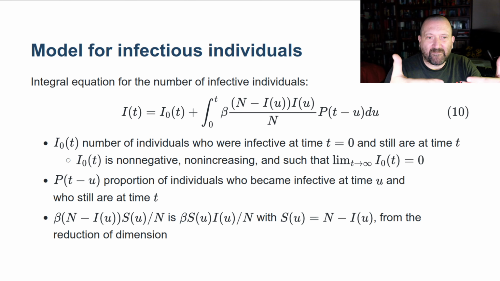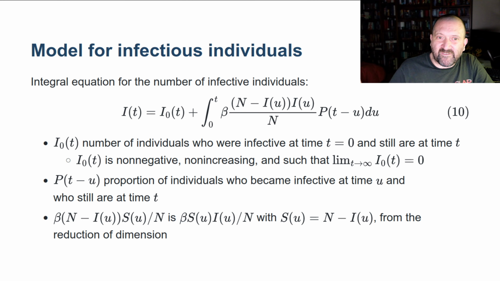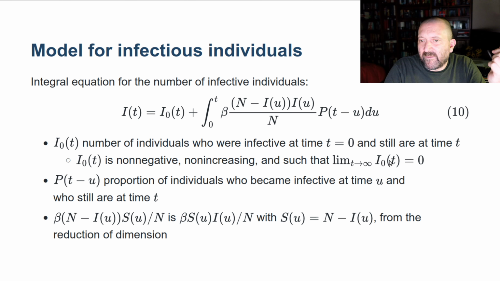But I have to have some people that are still infectious. I have to initially have people that are infectious, but as time progresses, of course, these people are going to recover. So I0 of t is the function that describes this. Typically, I'm going to assume that it's a non-negative, non-increasing function, and that its limit when t goes to infinity is 0.